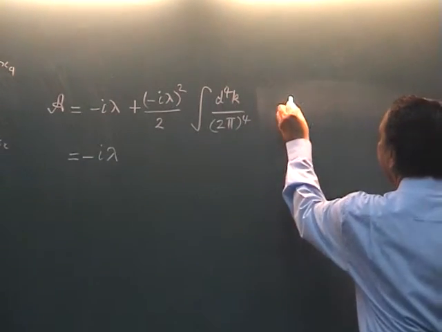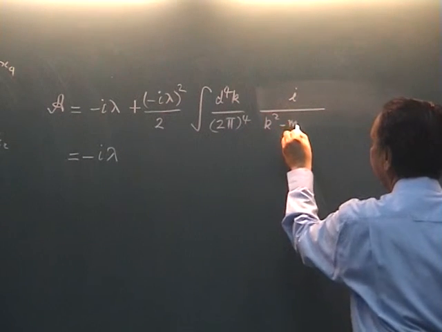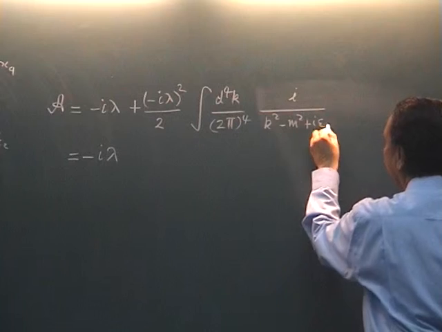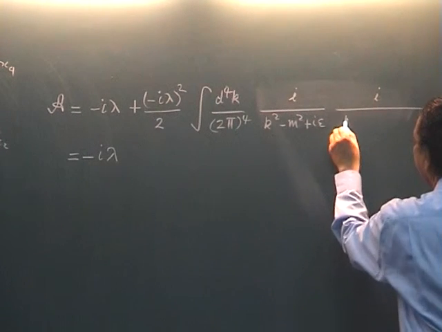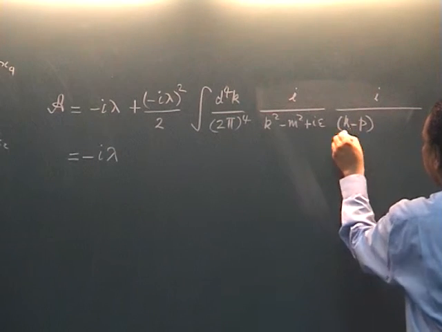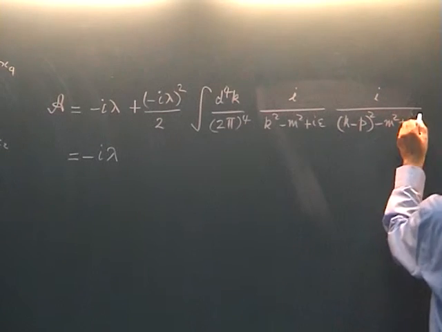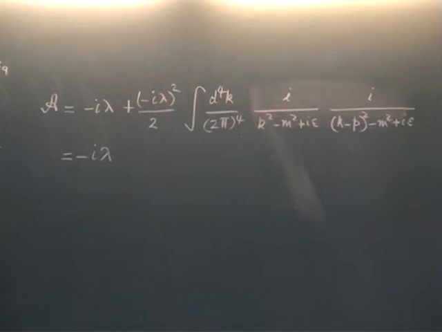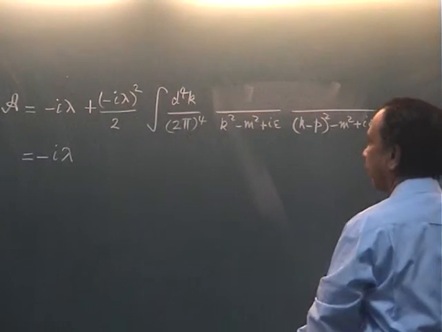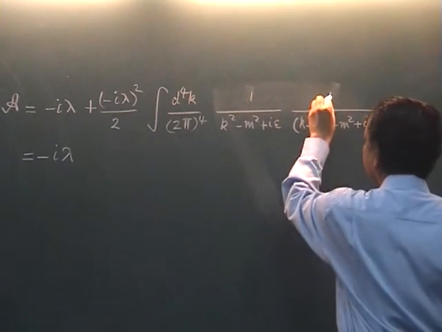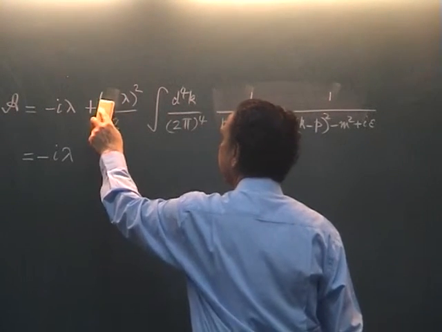Okay, so there will be an I over k square minus m square plus I epsilon. Then you will have an I over k minus p the whole square minus m square plus I epsilon. Okay. So let us take care of the I factors first. So this I and this I is going to give me a minus 1, and that minus 1 is going to cancel with the I square minus 1. So this is what you get.